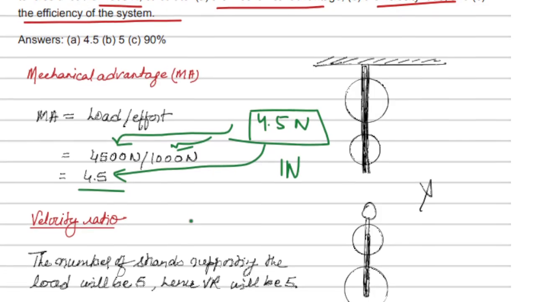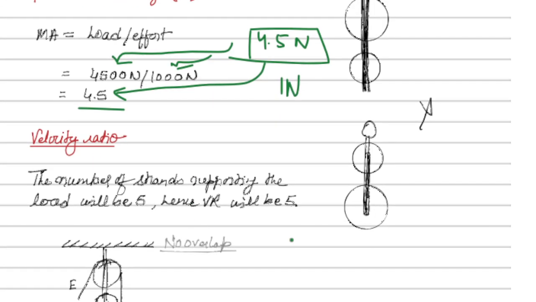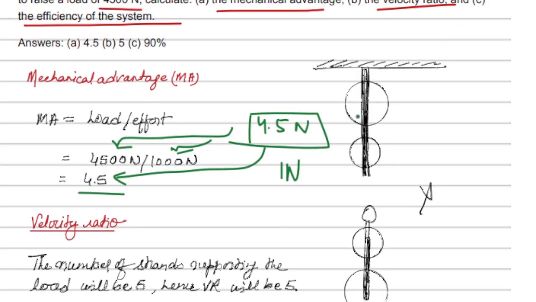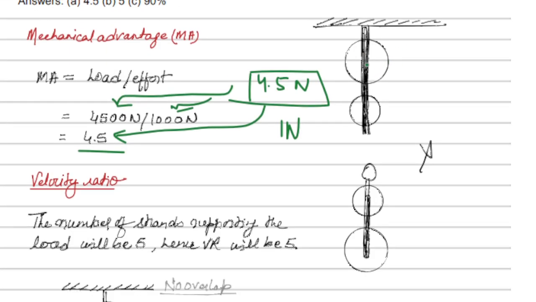Let's see the velocity ratio. For velocity ratio, we need to be good at diagrams and we need some guidance. Like for example, there are 5 pulleys and we go on starting like this, 2 pulleys here and 3 pulleys here. This is not a convenient thing to do. Why? Because here are 3 pulleys. And why we are saying like we cannot have 3 pulleys here, but we can have 3 pulleys in the fixed block.